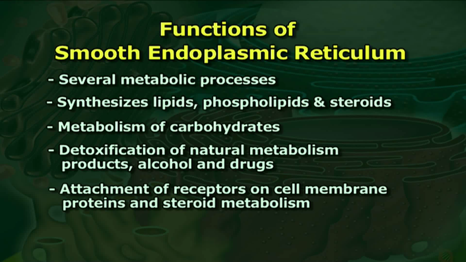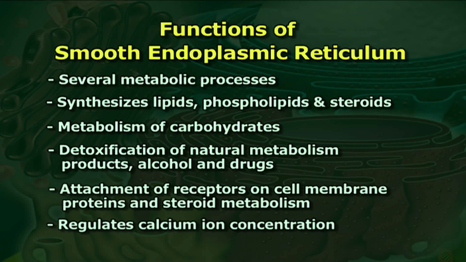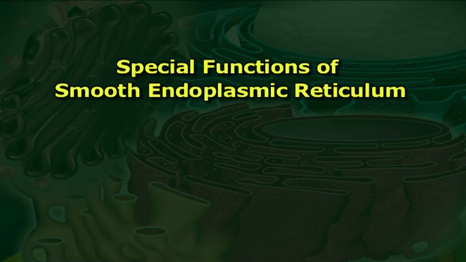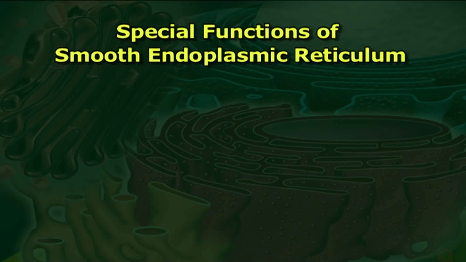attachment of receptors on cell membrane proteins and steroid metabolism. In muscle cells, it regulates calcium ion concentration. The special functions of smooth endoplasmic reticulum are as described here. Manufacturing.